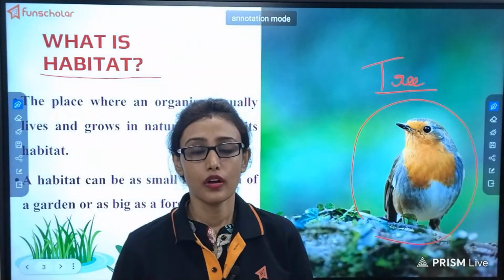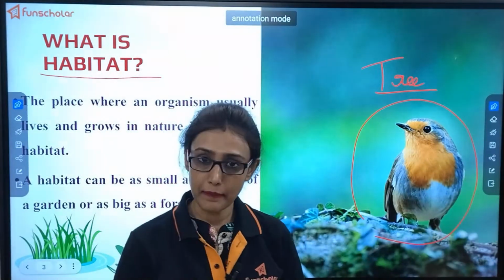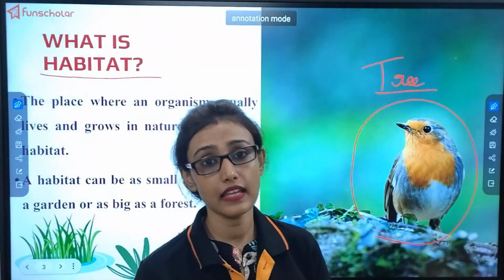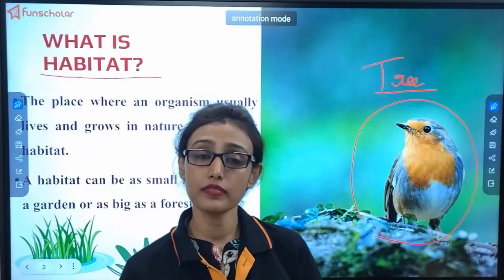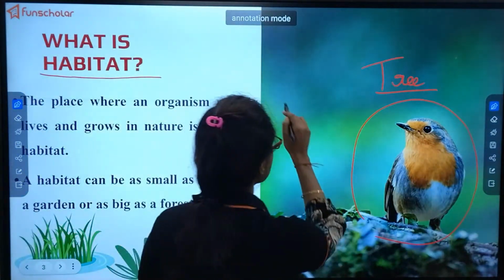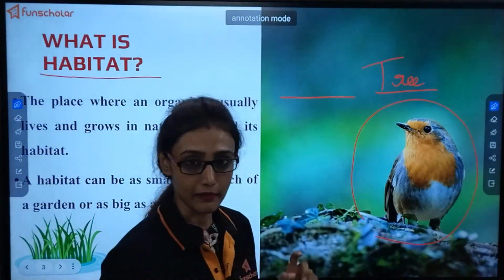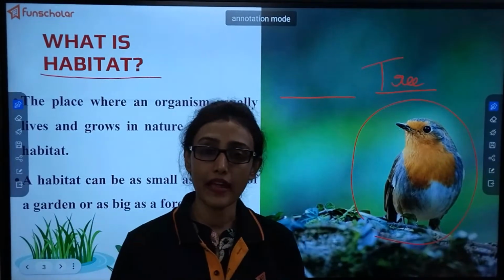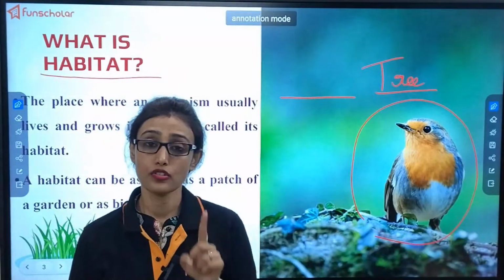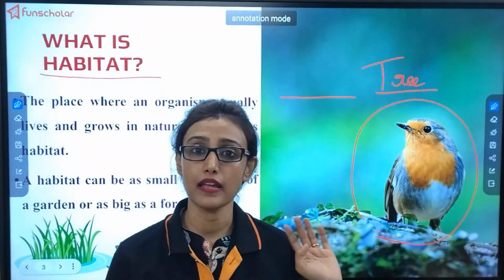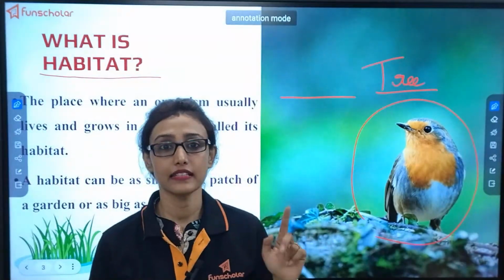If you go to the desert and see a camel living there, what is the habitat of the camel? The desert is the habitat of the camel. Where do you find lion and tiger? You find them in the forest. So the forest is the living place of lion and tiger.